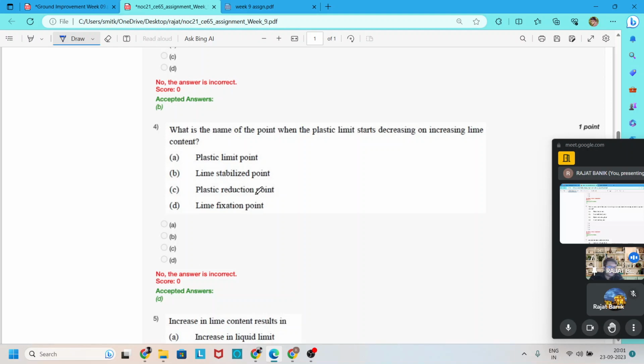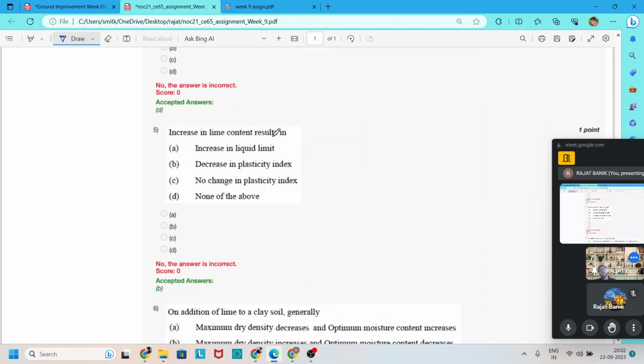After further increasing the lime, after a certain point, the plastic limit starts decreasing, and that point is called the lime fixation point. Question 5 asks about the increase in lime content resulting in. We know that if we increase the lime content, the plasticity index decreases. So the correct option is option B.